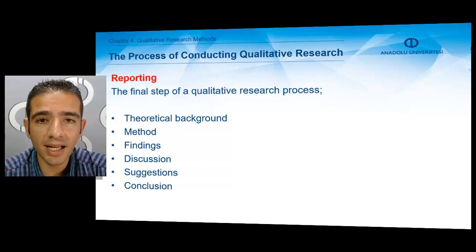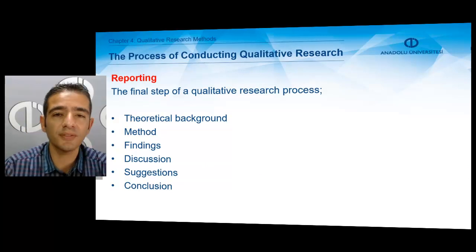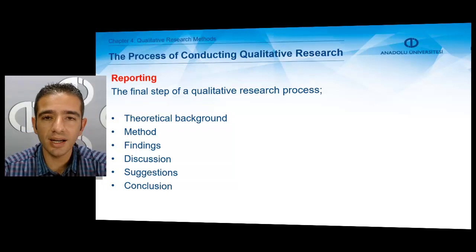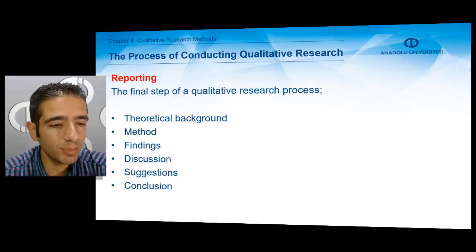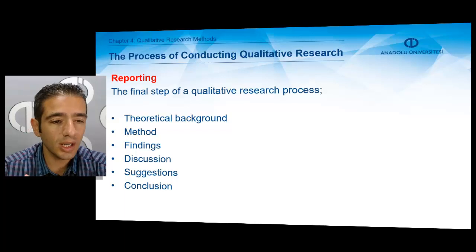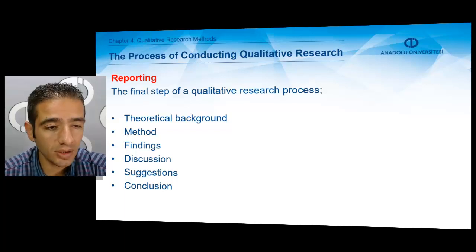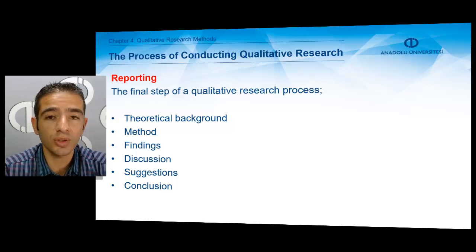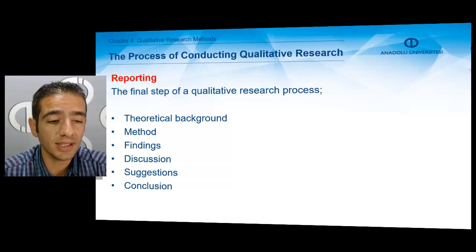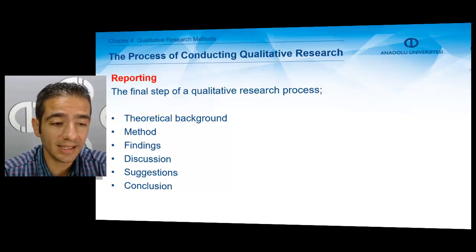And at the final step of qualitative research, after analyzing your data and creating some findings, you need to report it. And while reporting, you need to write about your theoretical background. Of course, you need to write about your methodology, which includes your research design, your participant selection, your data collection and analysis.